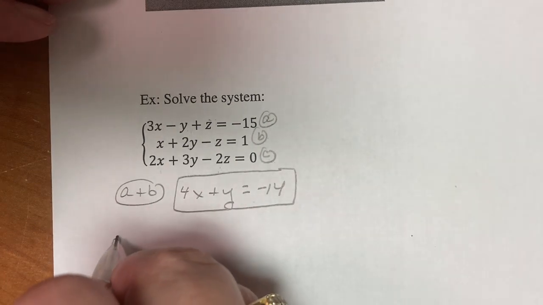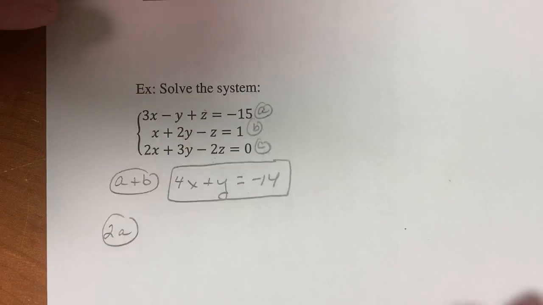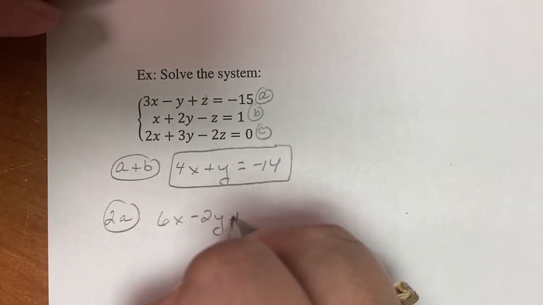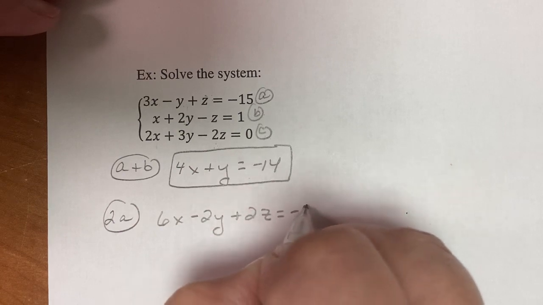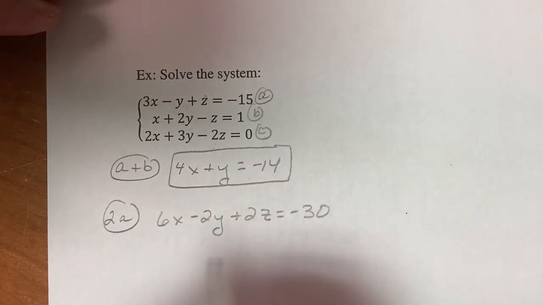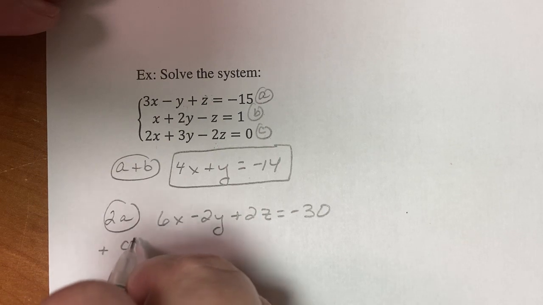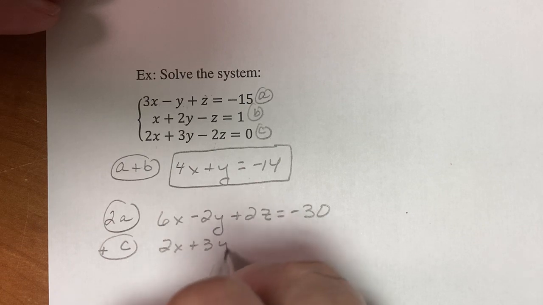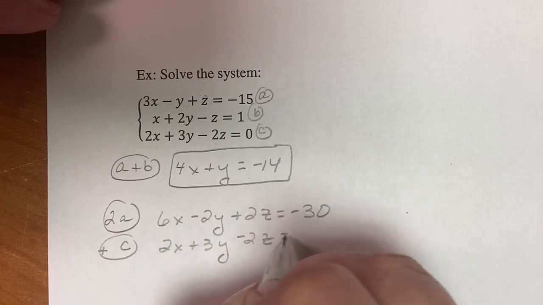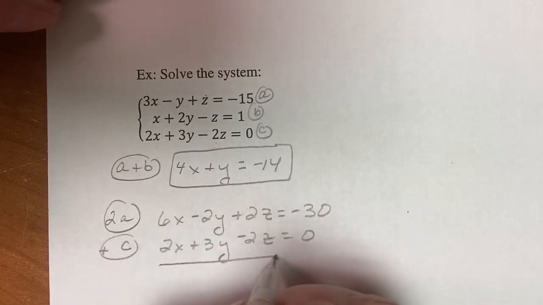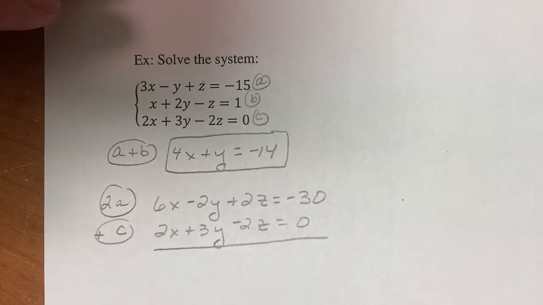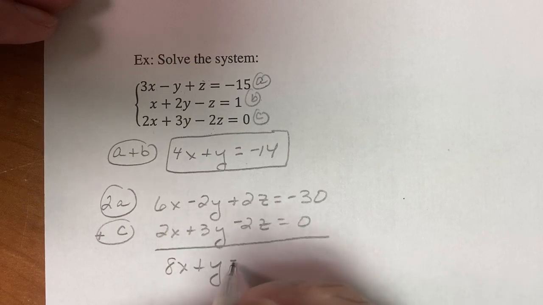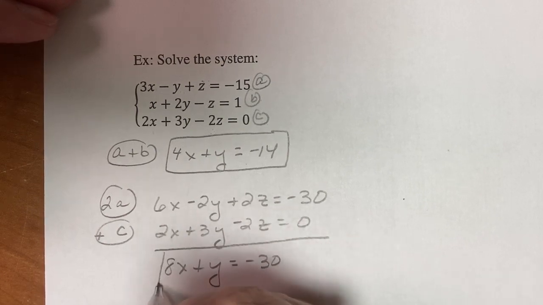So I'm going to do 2 times equation A, which is going to give me 6x minus 2y plus 2z equals negative 30. And I'm going to add that to equation C, which is 2x plus 3y minus 2z equals 0. And when I add these, I'm going to get 8x plus y is equal to negative 30.